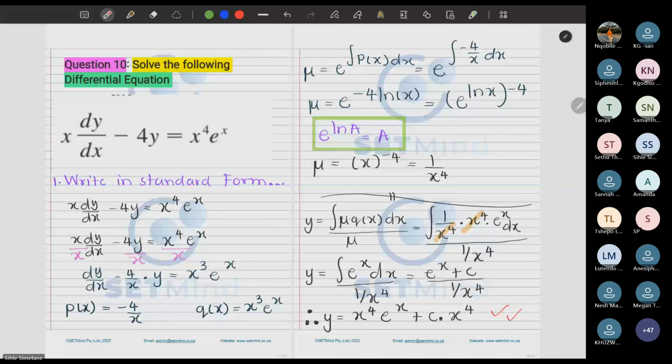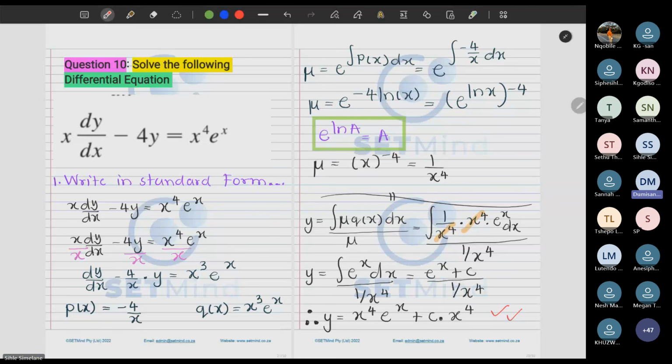I wanted to ask you, did you make a mistake there when you substituted Q of X? You said X to the four. And can you come closer to your phone? I think there's a mistake here when you substitute Q of X. Okay, so you are saying you think there's a mistake where?